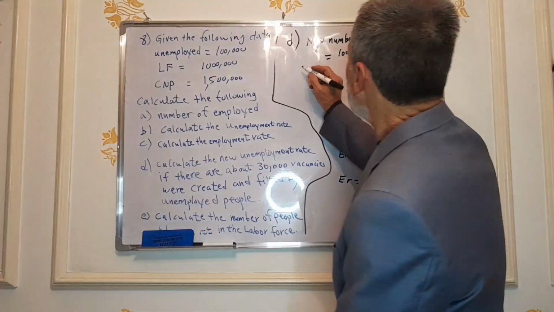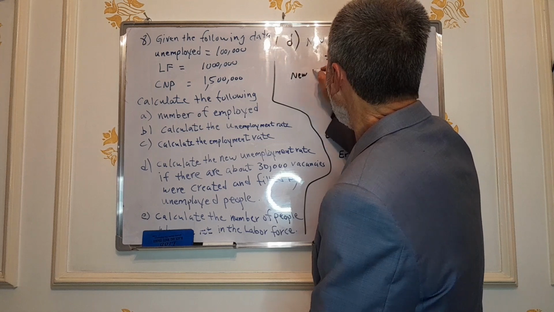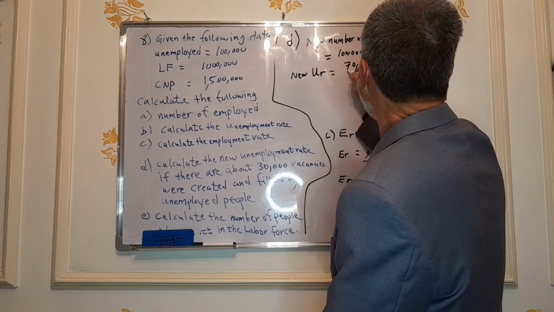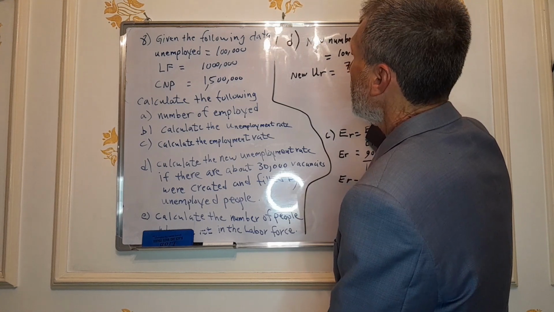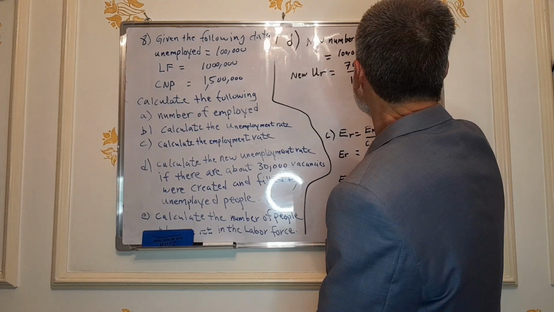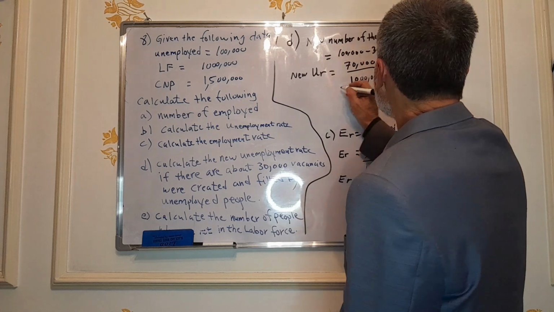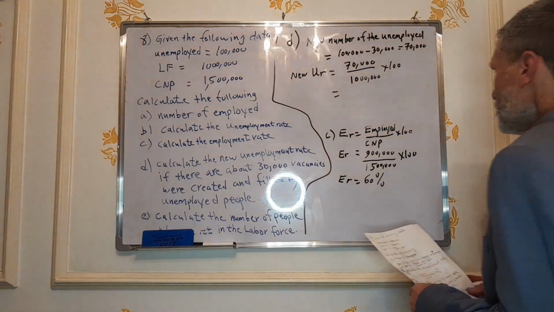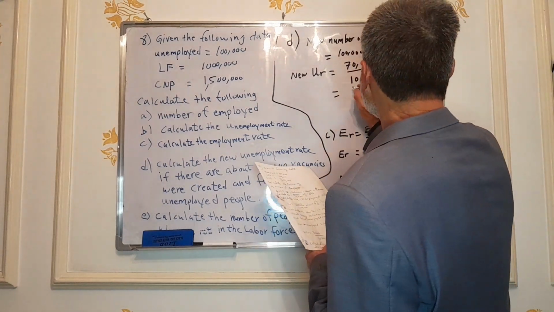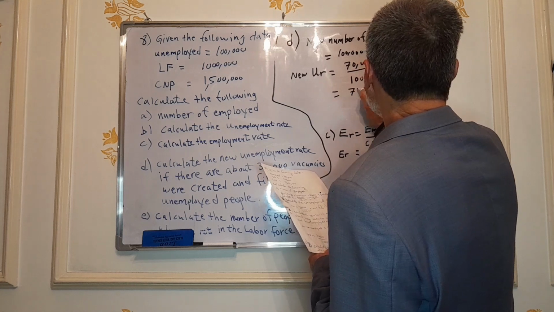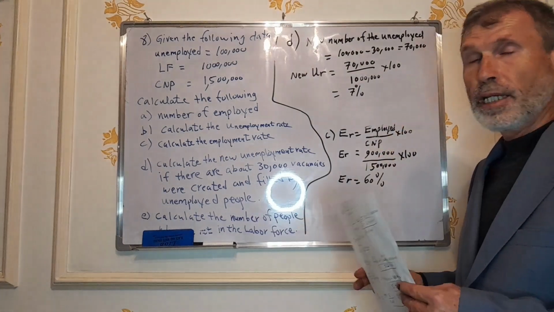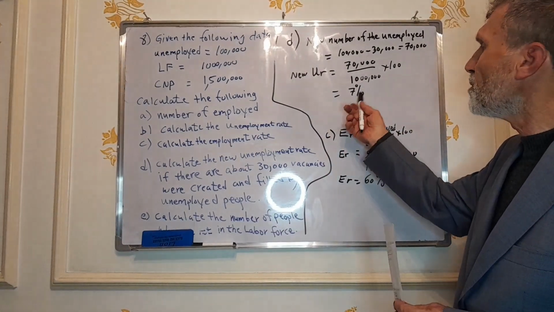Therefore, the new unemployment rate is equal to 70,000 over 1 million times 100, which is equal to 0.7, which is 7%. So the new unemployment rate is now 7%.